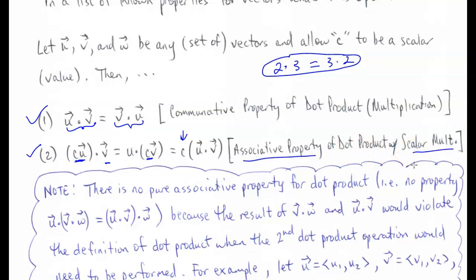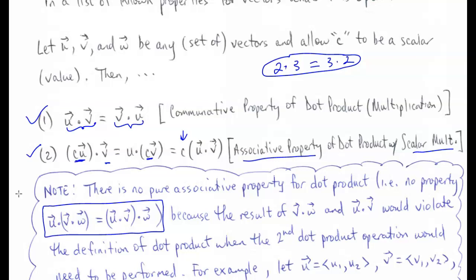Okay. Now, the reason I say that is because it is not a pure associative property for the dot product. This is what the associative property for the dot product would actually look like if it acted the same way that it would within the real numbers. However, we're not able to do that.